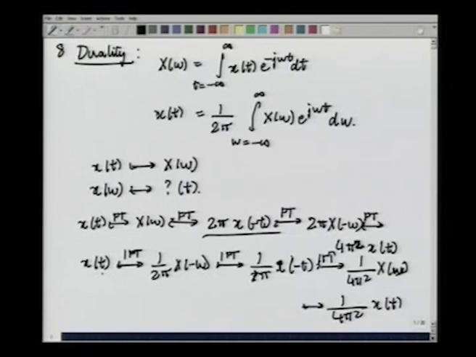So, you started with x(t) and ended up after 4 steps of inverse Fourier transformation with 1/4π² x(t). All this essentially uses the duality of the Fourier transform.